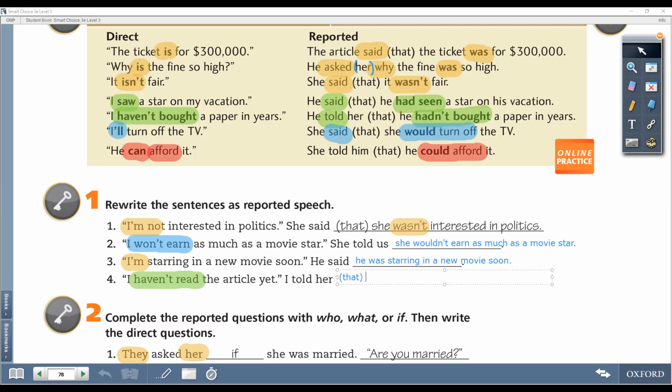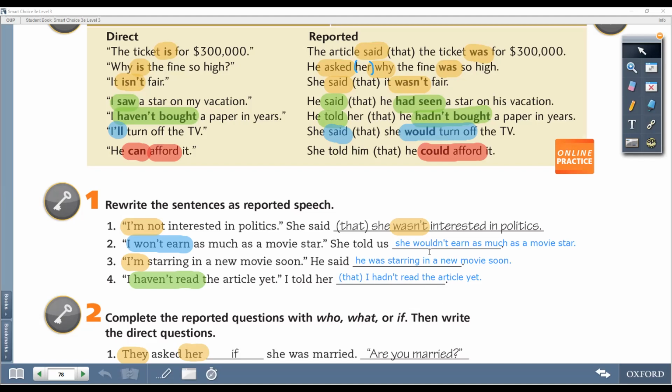I told her that I hadn't read the article yet. Okay, so present perfect becomes past perfect. So we backshift the verb. So I told her that I hadn't read the article yet.